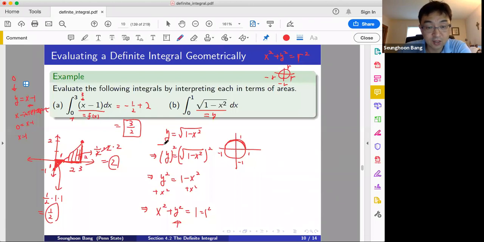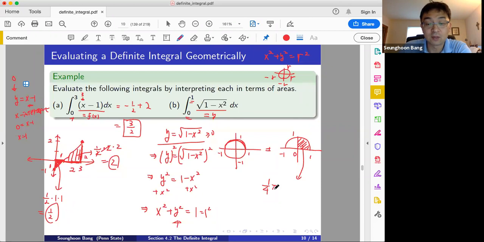The original function is y equals positive root of 1 minus x squared, always positive. Only choose positive, so we have only a semicircle. Like this. With a domain from 0 to 1, just 0 to 1, we have a quarter of a circle.